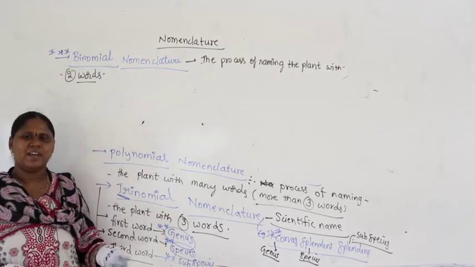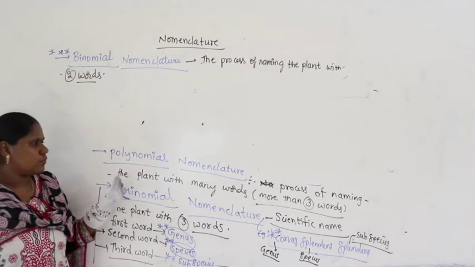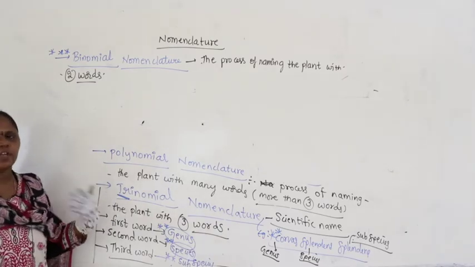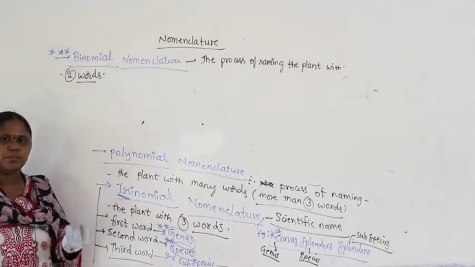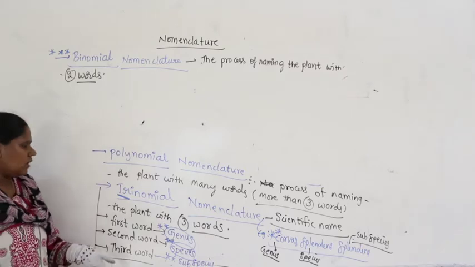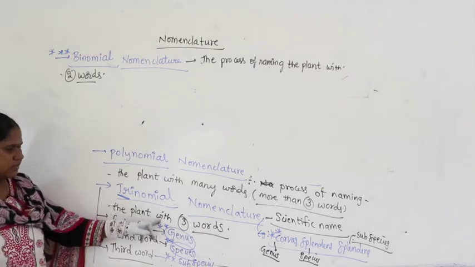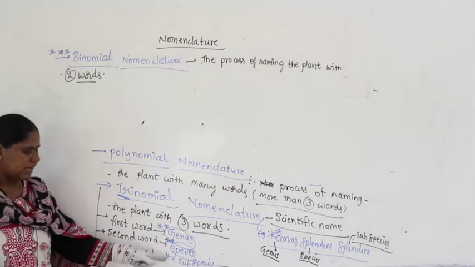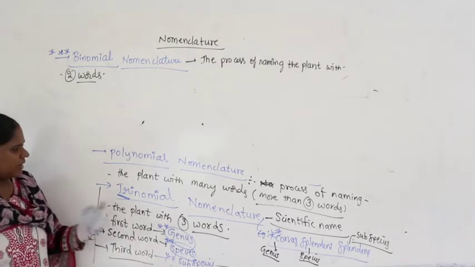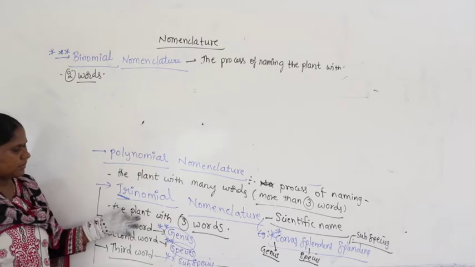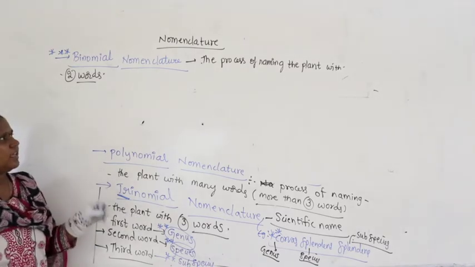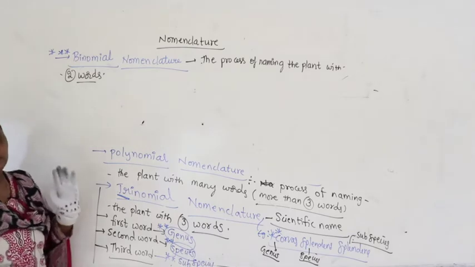Later people thought that it was very difficult to remember so many words and started keeping 3 names. They confined themselves to 3 words, even in giving names to babies. Then finally it again became difficult to remember 3 words. Finally they have come down to naming the plant with 2 words.